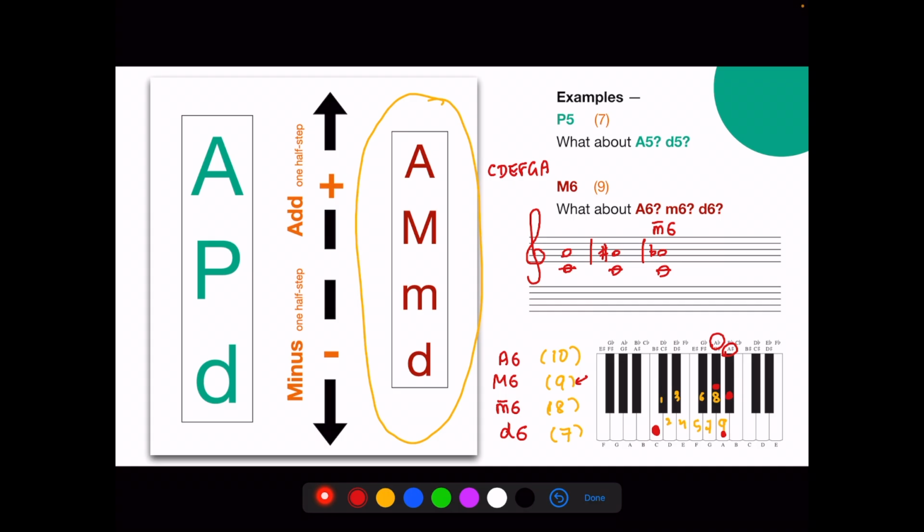The previous one is an augmented 6th, and the last one is a diminished 6th, which has 7 half steps. So from C, 7 half steps up is going to get you to this note. Oh, convenient, C to G. No, we cannot say C to G, because that would make it a perfect fifth. In this case, we're still treating it as a 6th. So C to A double flat.